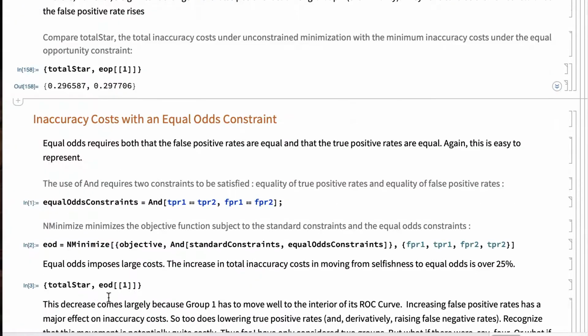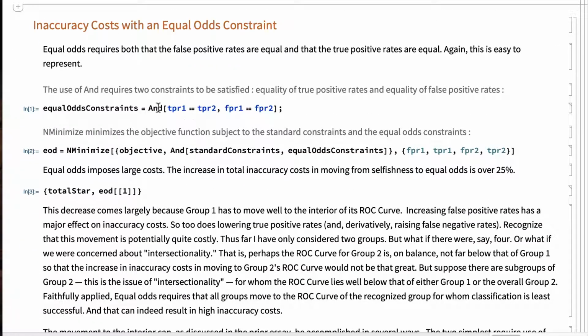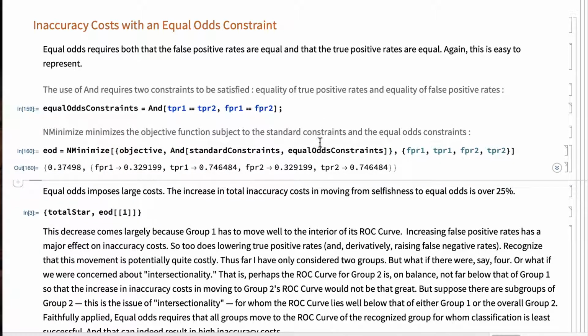What about equal odds? Well, here are the equal odds constraints. The true positive rates have to be the same, and the false positive rates have to be the same. So let's minimize our objective function subject to the standard constraints and both of these equal odds constraints.